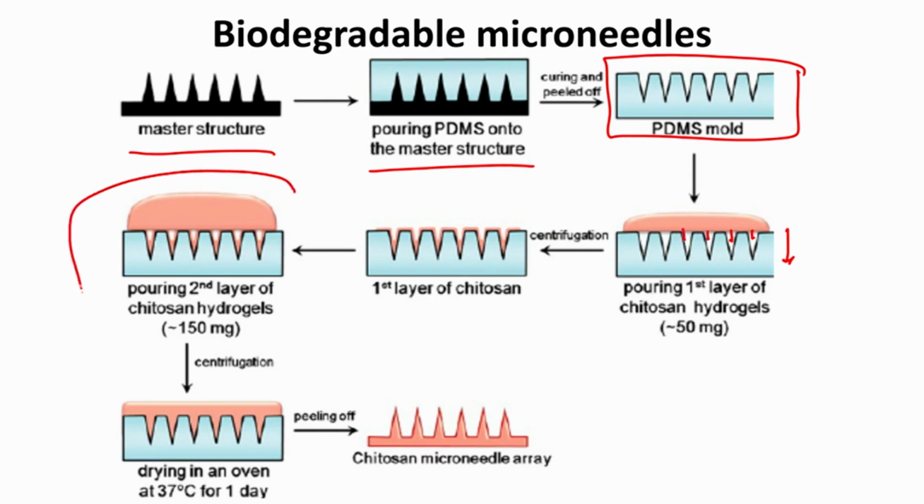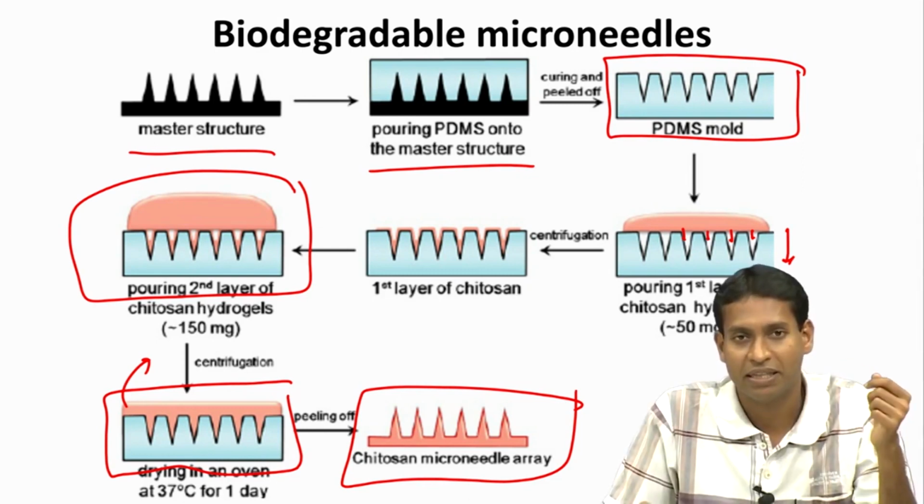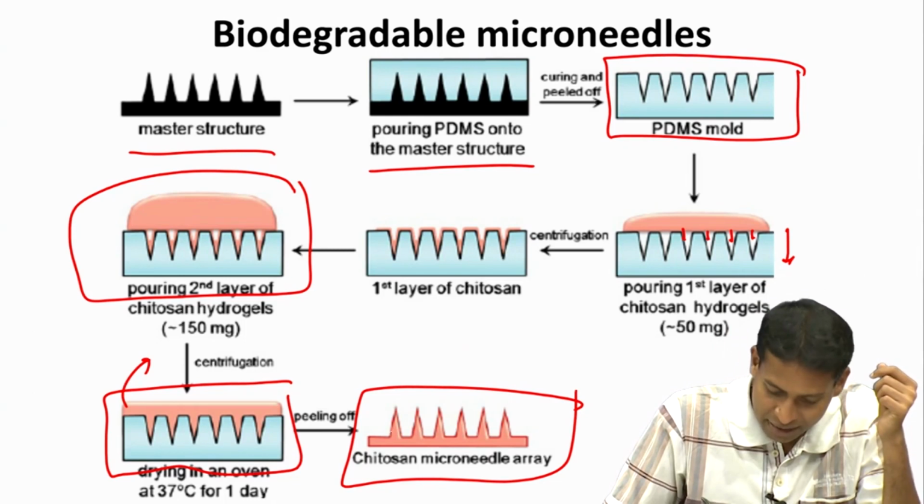So you will get a system like this. You can pour another layer if you want to make multiple layers, and once you have done this, you can cause the polymerization to happen either by heating or by some other trigger, and then you can peel this off. What you have is microneedles of various kinds of polymer, whether biodegradable or non-degradable, with various properties, and they are small structures.